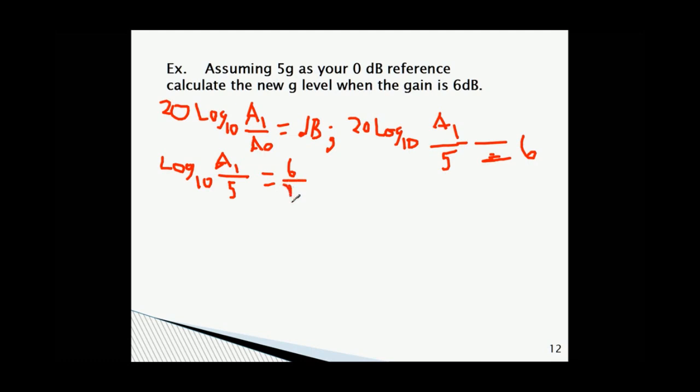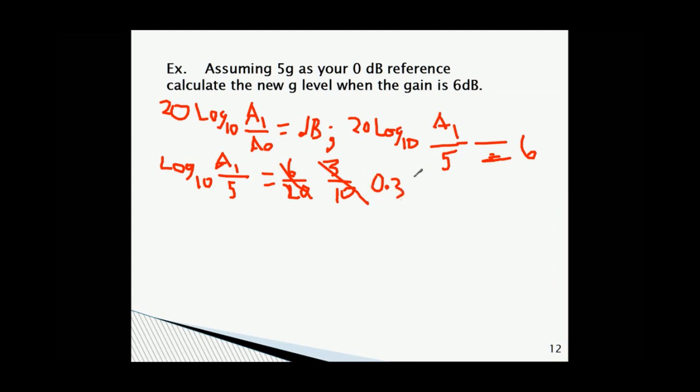Now we are going to simplify the fraction 6/20 into 3/10. And then we're going to simplify this even more and turn it into a decimal value, which is 0.3.